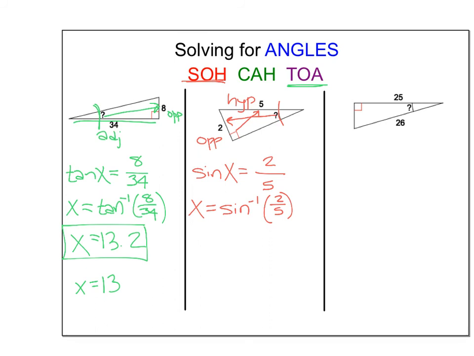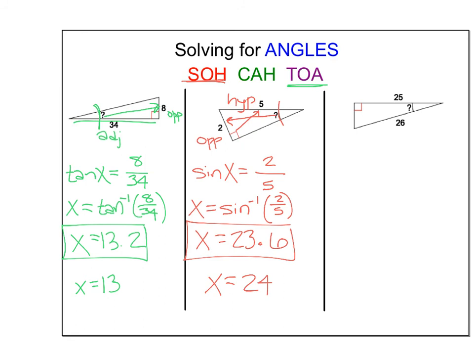So now we're going to plug this into the calculator, and we're going to get about 23.6. So if we wanted to round this to the nearest whole degree, we'd get a degree measure of 24. All right, now, again, I'm okay with the nearest tenth in your answer, but sometimes I just want you to be aware. Sometimes you will be asked to round to the nearest whole degree.